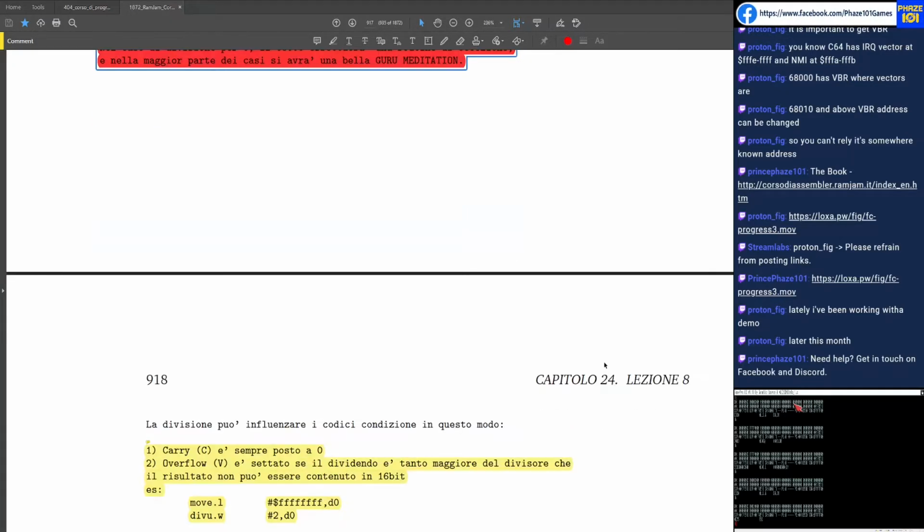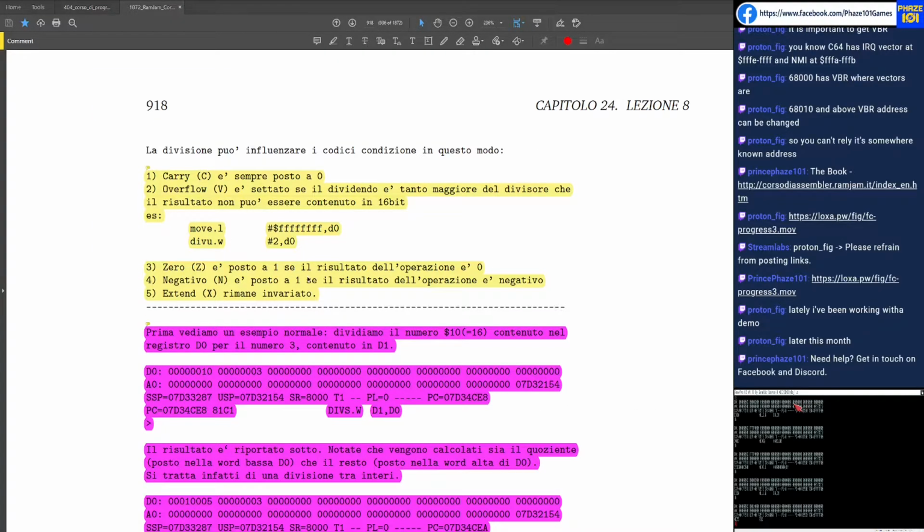Before I jump, I'm just going to describe the behavior of the flags when you have a division. The carry flag is set to 0. The overflow flag is set when a result doesn't fit in the low word of the register.